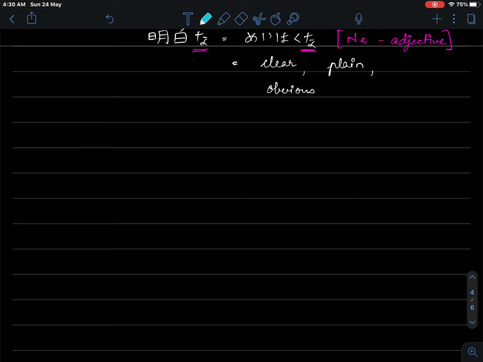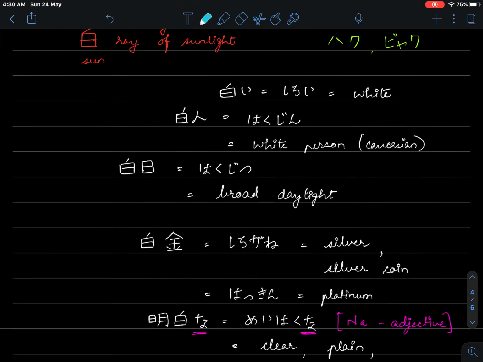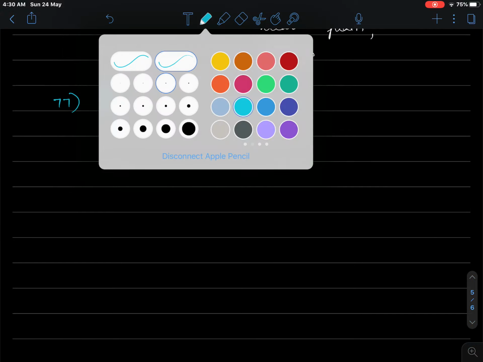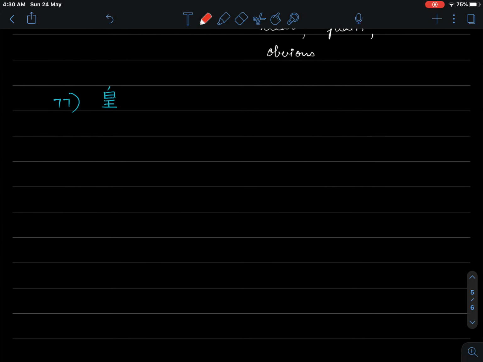So this is number 77. Is it number 77? Yeah, it's number 77. Okay, this is how you write that kanji. Now let's try and see. So we already know that this part means king, and we know that this part means white.